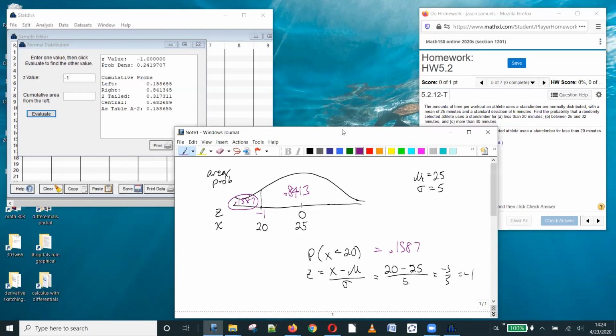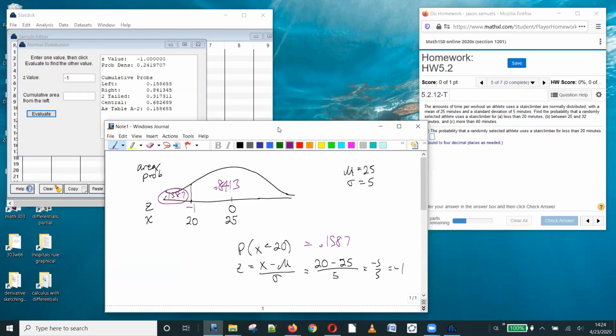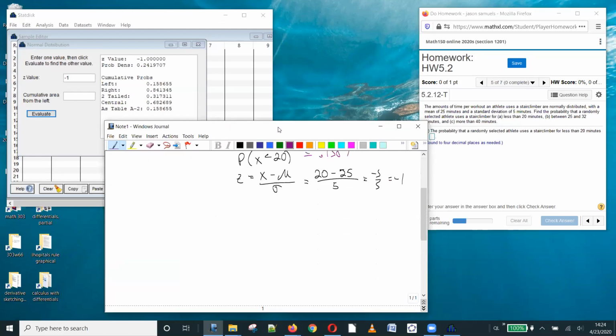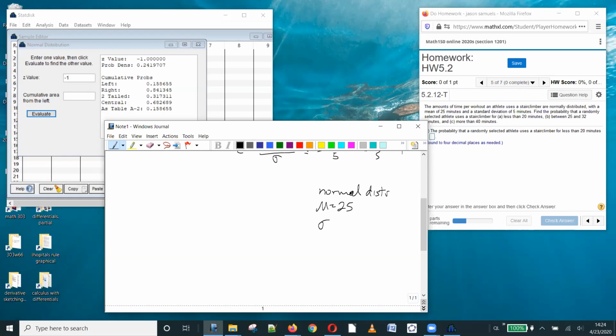Okay, so first of all, once again, let's represent visually with a diagram what's going on here. We know that we have a normal distribution. We know that the mean is 25, and we know the standard deviation is 5.